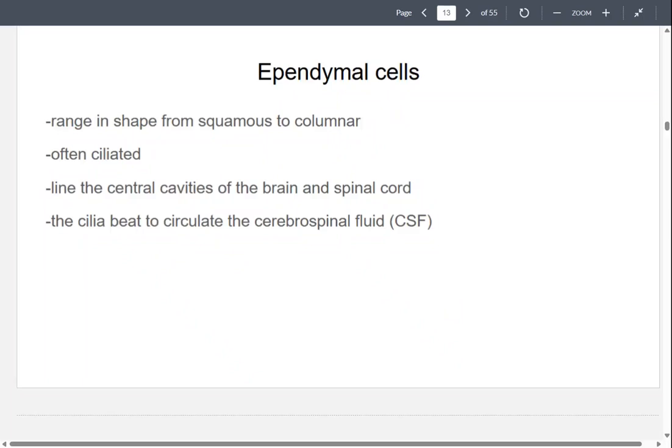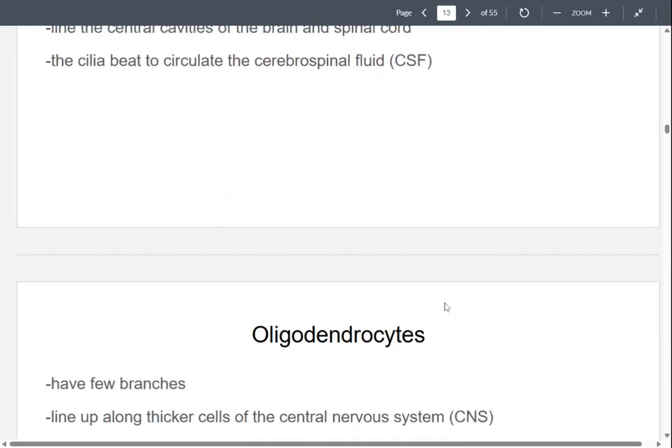What's the purpose of that cilia? That cilia is going to beat to circulate CSF. I will talk about CSF in a little bit. But CSF is critical, and circulation of that CSF is critical for a healthy functioning brain and spinal cord. So if these cilia stop beating, we're going to start running into problems.